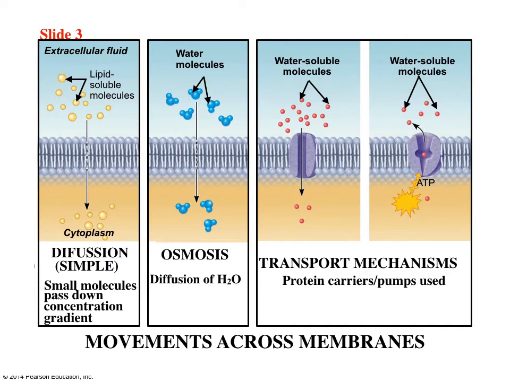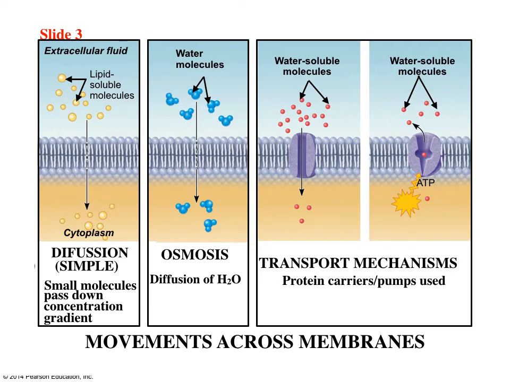Osmosis is nothing more than water molecules diffusing across a membrane. It could be either into the cell or from the cell out. Osmosis, diffusion of water molecules. Then, we're simplifying things in this class.